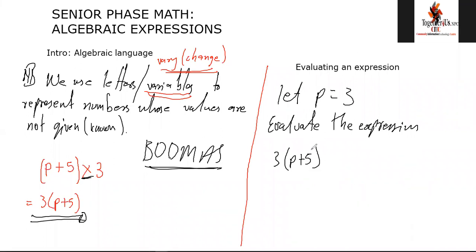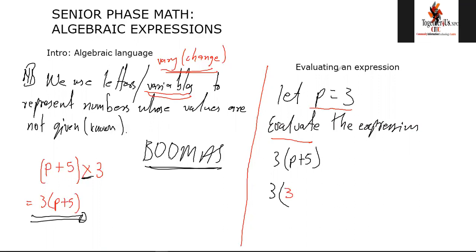So now if I'm going to evaluate this expression, it means that where I see P, I must put a 3. And that process, guys, we call it substitution, okay? So if I say 3 here, actually let me stick to my black pen, you will see why. So I'm going to write here 3, open bracket. Now, in this case, I am given the number. The number is 3.